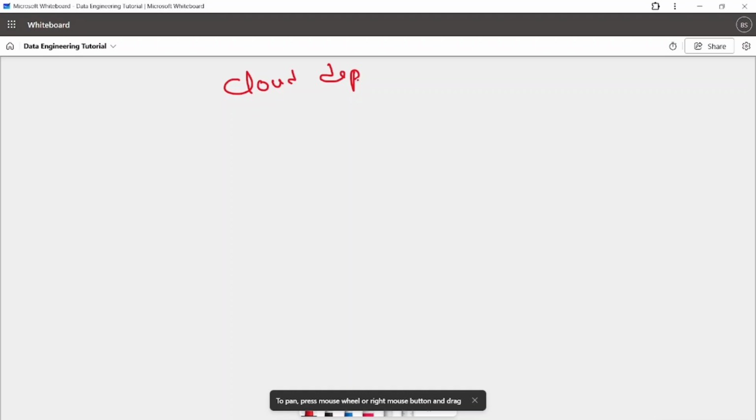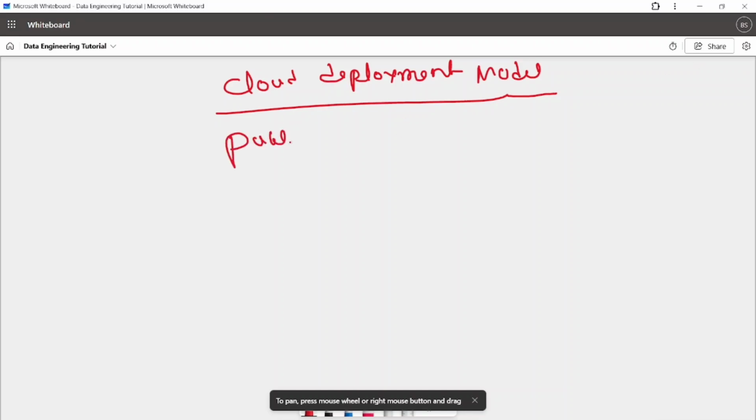There are three types of cloud deployment model: public, private, and hybrid. Okay, so what is the public cloud?